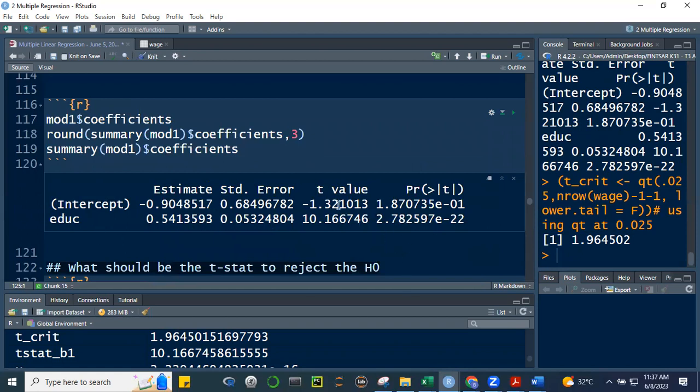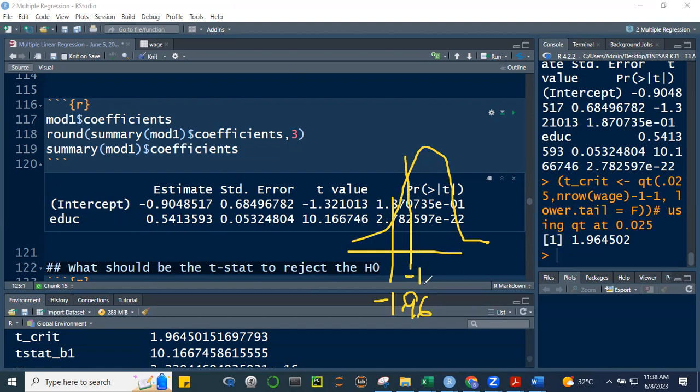For the intercept, it's negative 1.32. So asan yun? Okay, when we plot this between negative 1.96, di ba? Your negative 1.32 is here. So, wala siya dun sa rejection region.